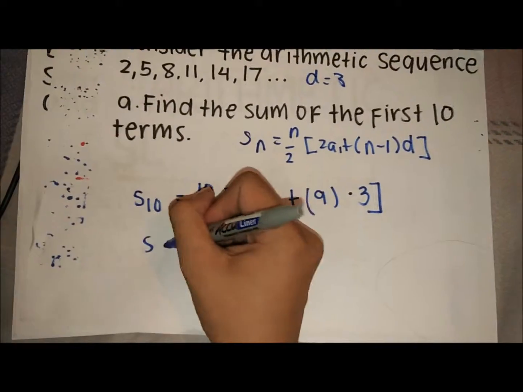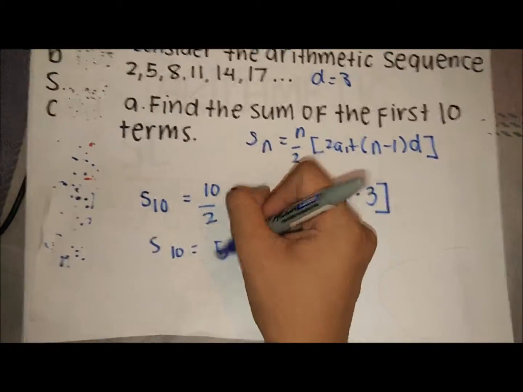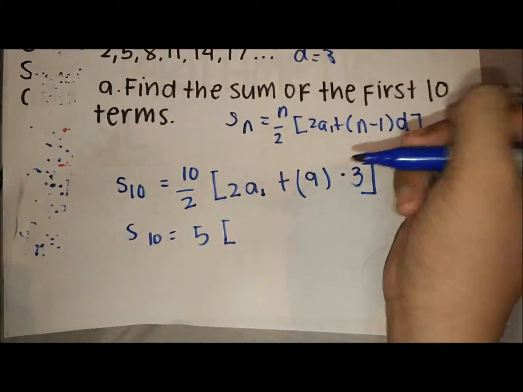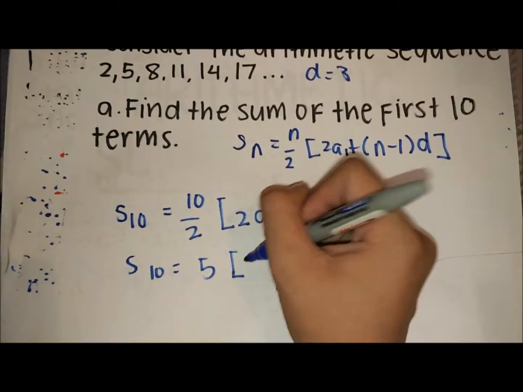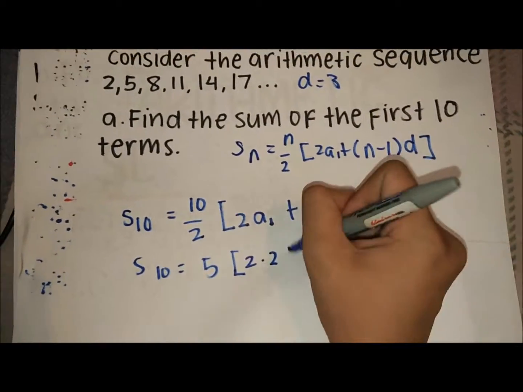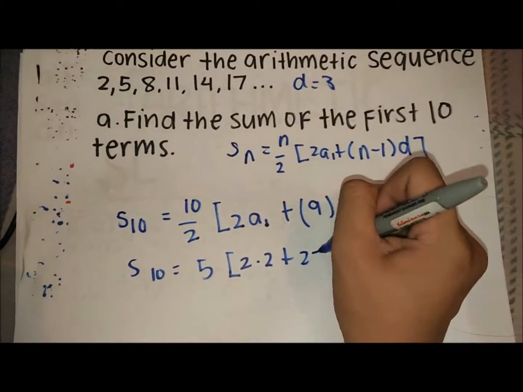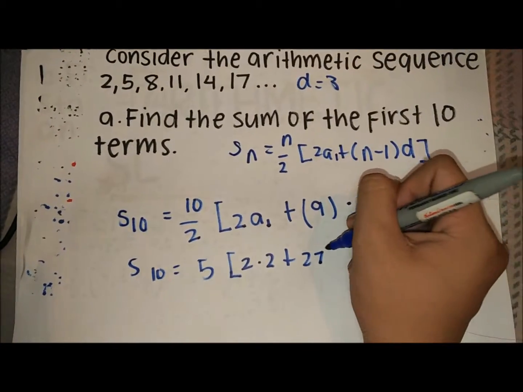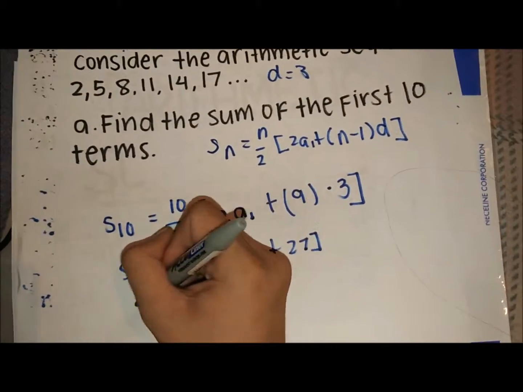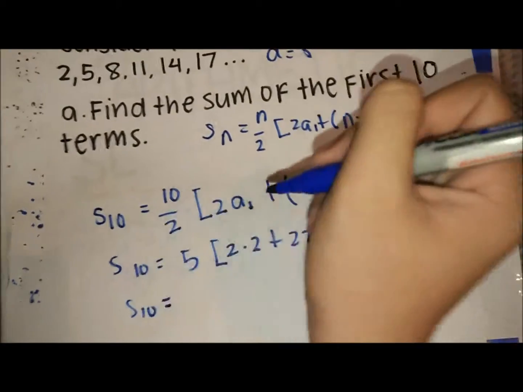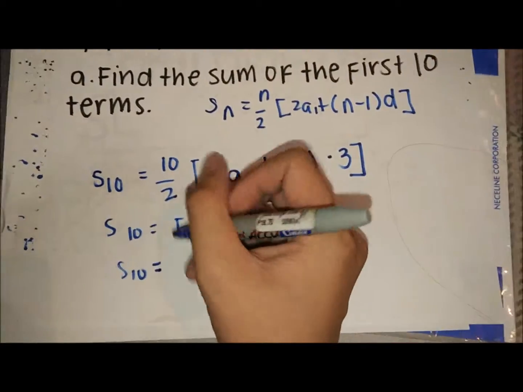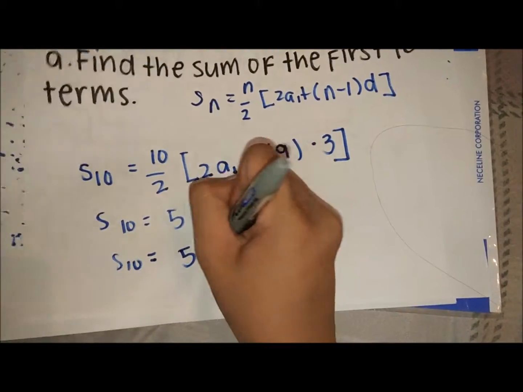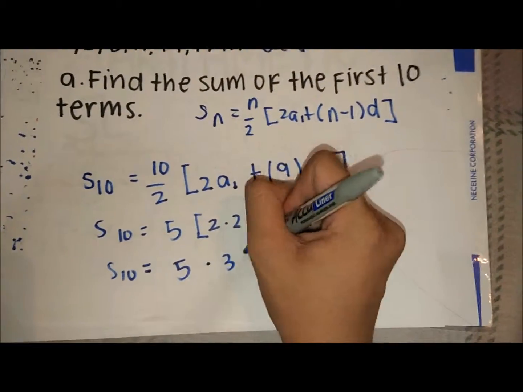So S sub 10 will be equal to 5 times 2 times 2 plus 27. So S sub 10 is equal to 5 times 31.